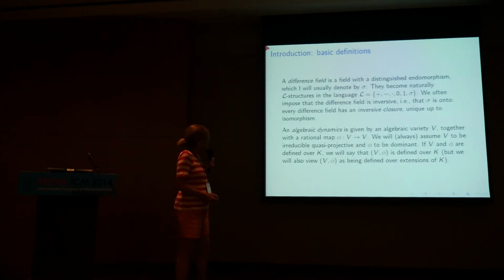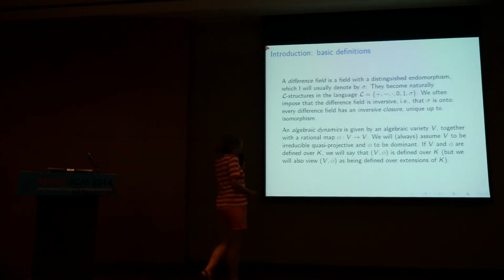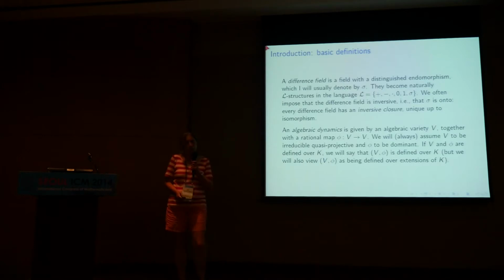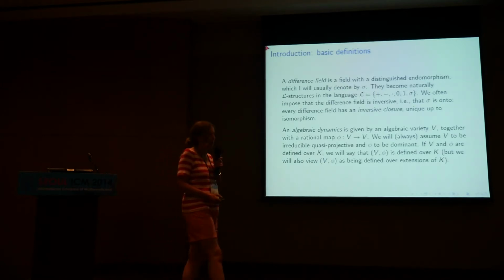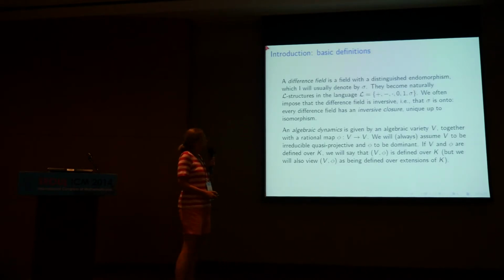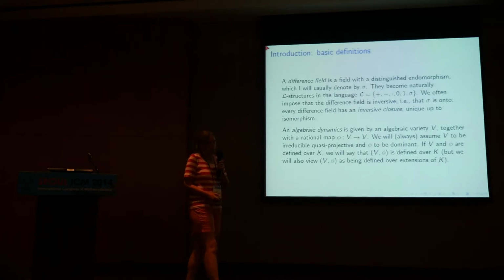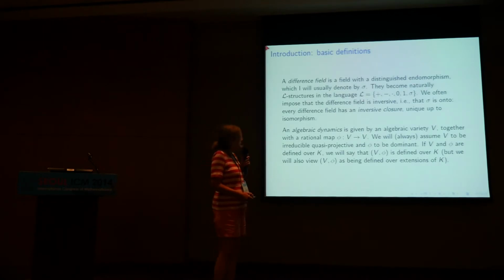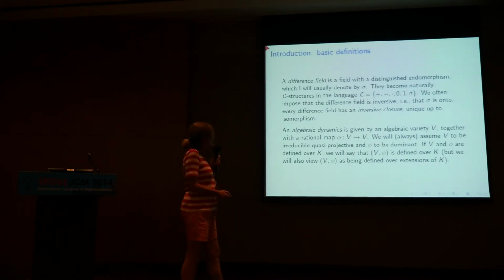I'll say that the system (V, phi) is defined over K in case all the data is defined over K, but of course, like most model theorists, I will view my varieties as varieties over any extension. Okay, so what is the connection between those two?